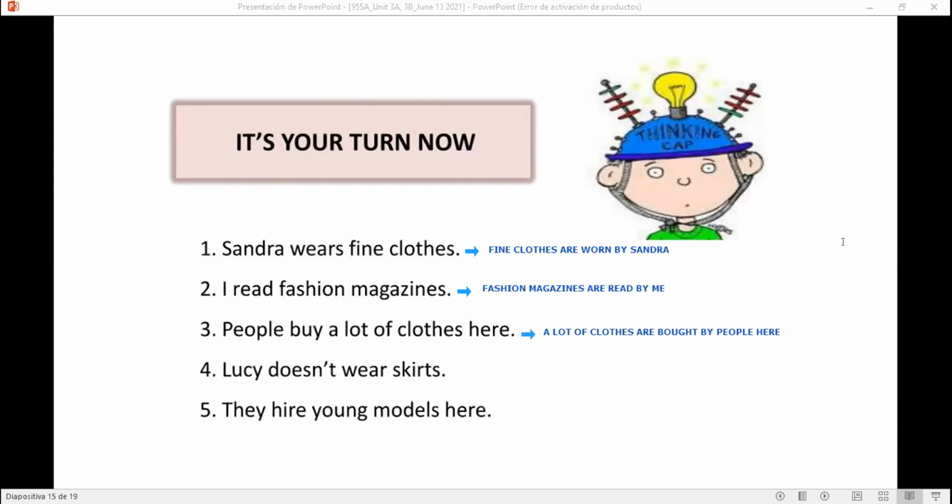Lo que vamos a mover y convertir en sujeto es lo más importante del complemento. Aquí teníamos dos complementos, uno de objetos, clothes, y otro de espacio, que es here. A lot of clothes are bought by people here. Mucha ropa es comprada por la gente aquí.